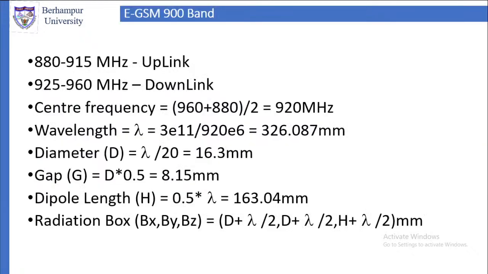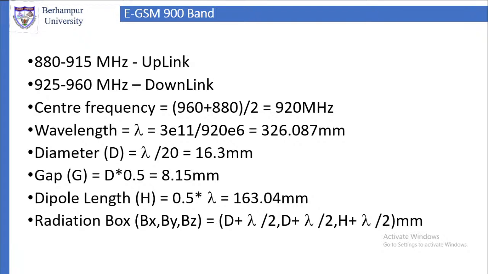What we will do is simulate a half-wave dipole antenna for the GSM 900 band, the EGSM 900 band. For that band we will design a half-wave dipole antenna. This commercial band is called the EGSM 900 band.